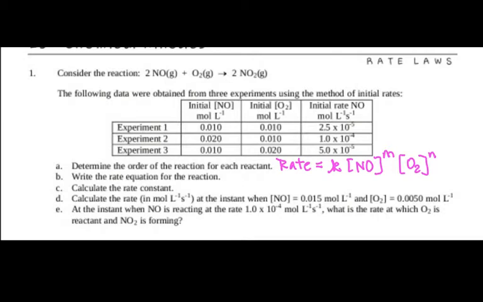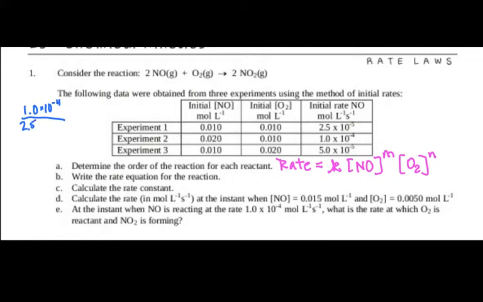Alright, so what we're going to do is substitute the rate from experiment 2, so that's 1.0 times 10 to the negative 4th, and if your exponents are the same, then you might just want to understand that they're going to cancel out, or just write them in and do the math to be on the safe side.